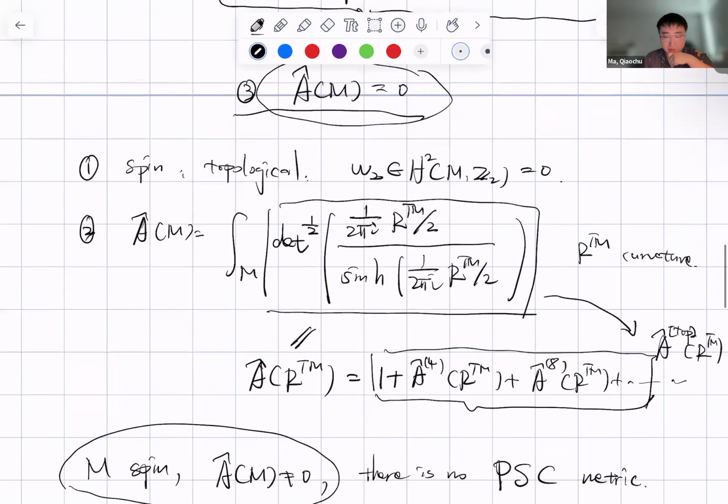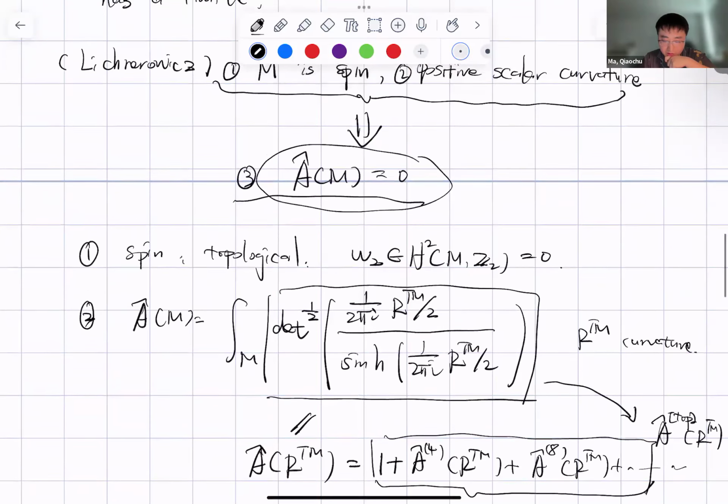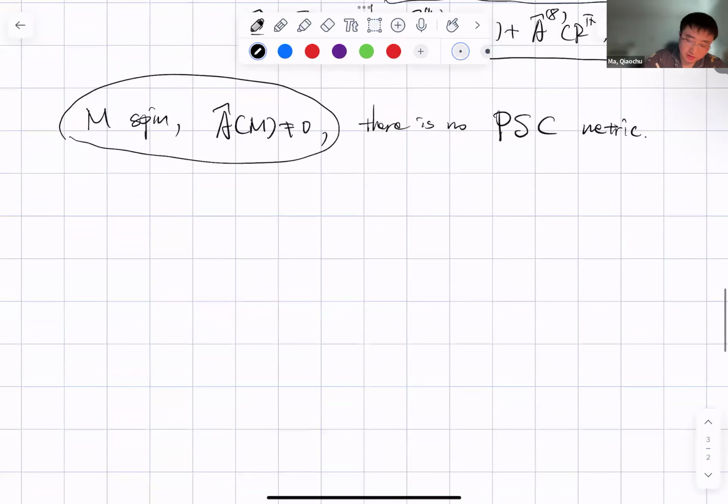And this is the starting point of this project. Let's consider some questions. Question one: positive scalar curvature seems too strong.